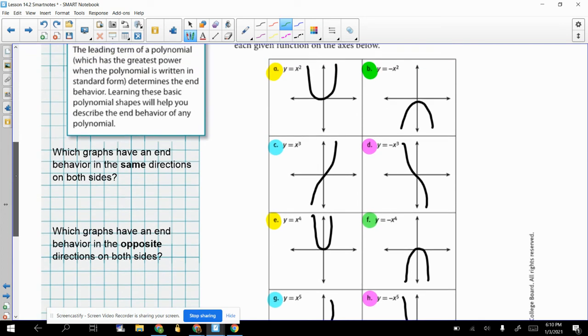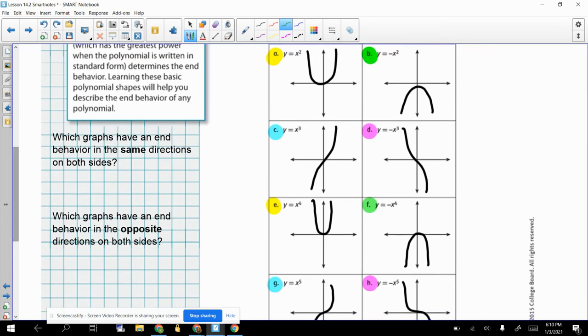Now I want you to think, which graphs have an end behavior in the same direction on both sides? We just talked about end behavior. So which graphs have the same end behavior on both sides, meaning they're both pointing up or they're both pointing down?